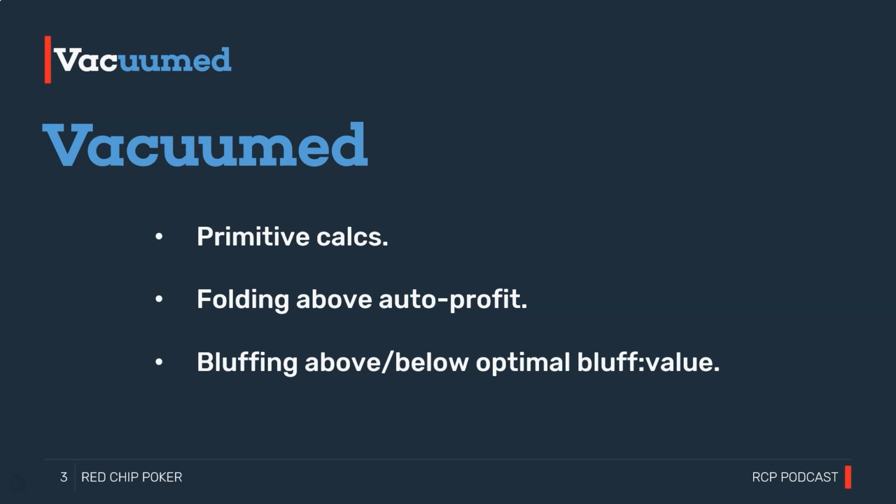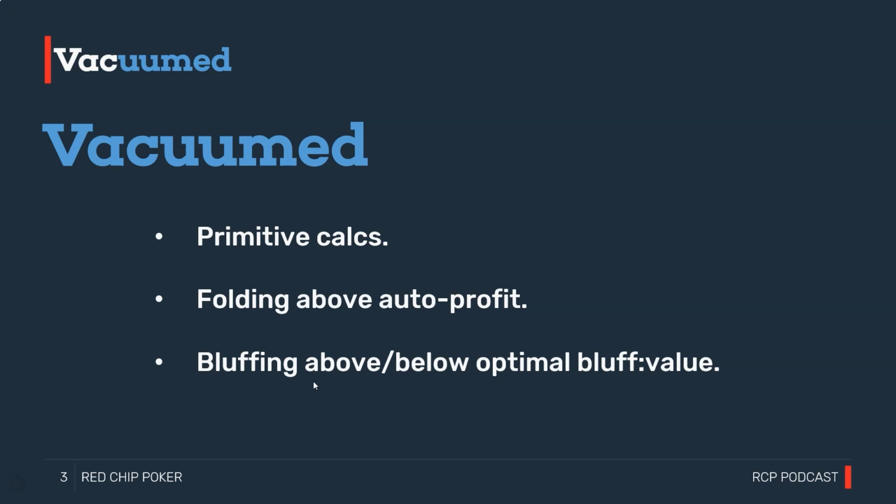Simple example, if we are making a half pot bet and our opponent folds more than 33% of the time, we can bluff profitably with any two cards. There's no GTO analysis there, just a very primitive calculation that indicates that our opponent is probably folding too much. And even if it doesn't prove categorically that he's folding too much, it does prove that we can generate profit by bluffing in that situation.